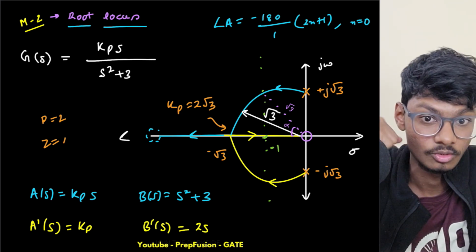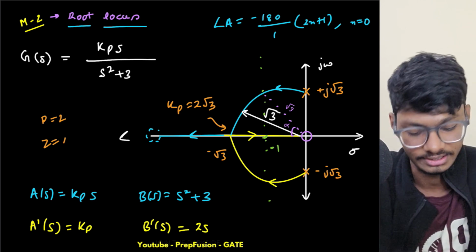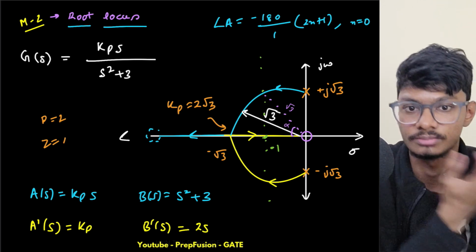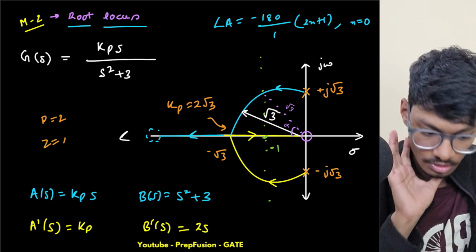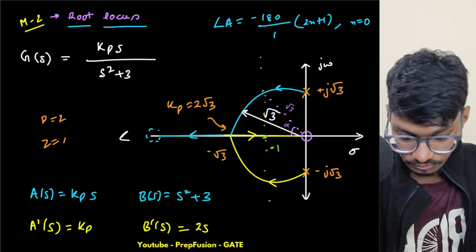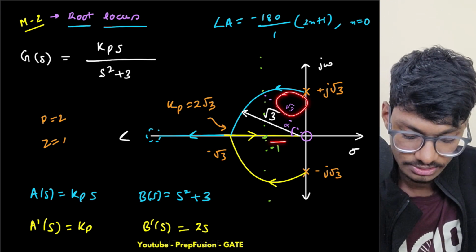This is just to clear up your concepts and get a good grip, which is very important. This concept may be used in some other question, so it is very important to bear with me right now. So this is √3 and this is -1.